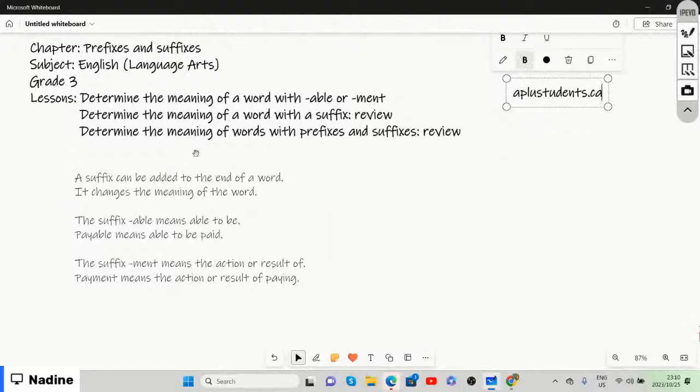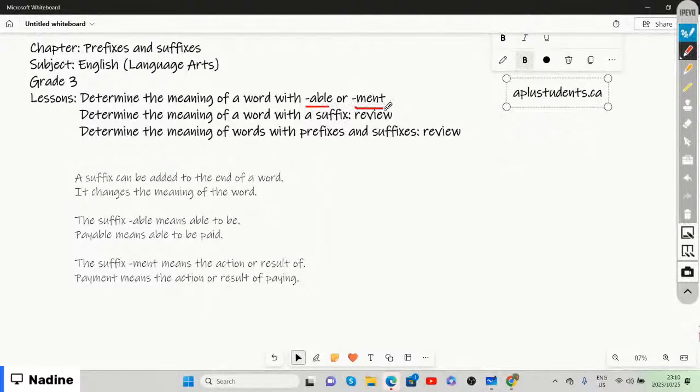So we are determining the meaning of the words with able or ment. That is basically how it sounds when we add it to the root word or the base word. If you say it the way you see it, it will sound like able or ment.